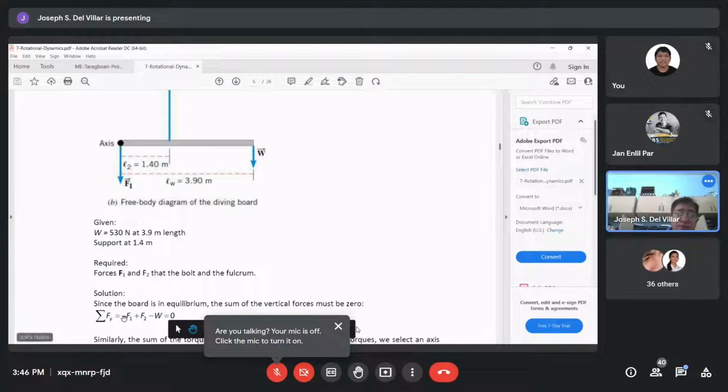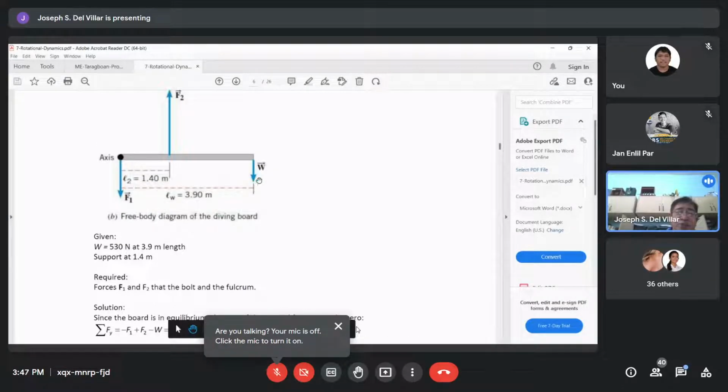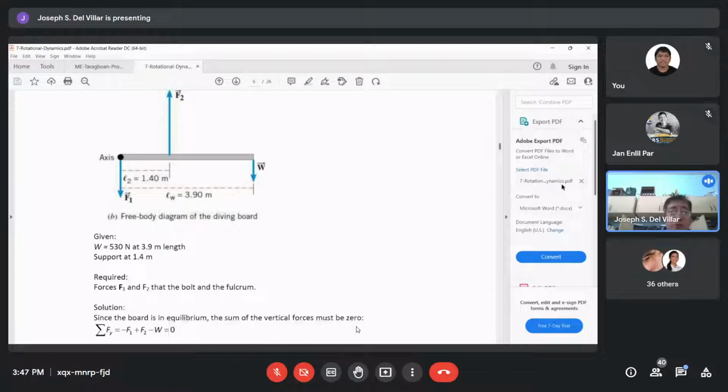Now, this summation of vertical forces equation and the summation of torque equation are two equations with two unknowns. Di ba? So therefore, you can solve this using algebra by elimination or by substitution.